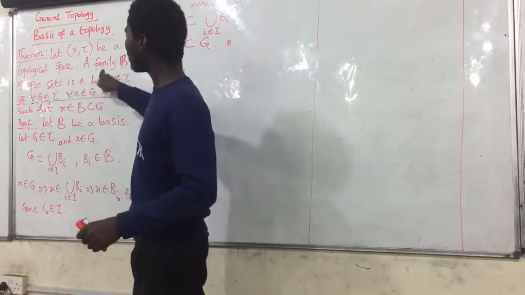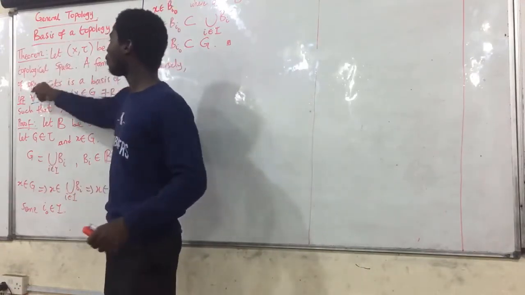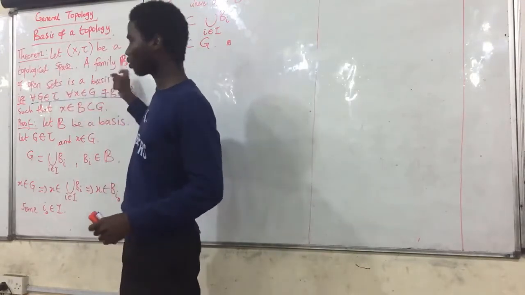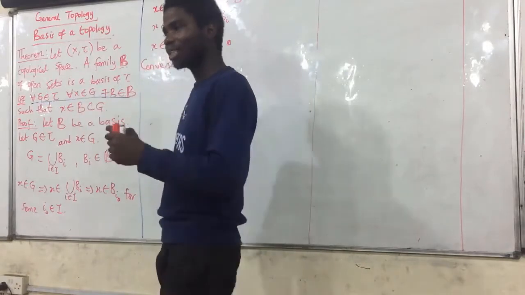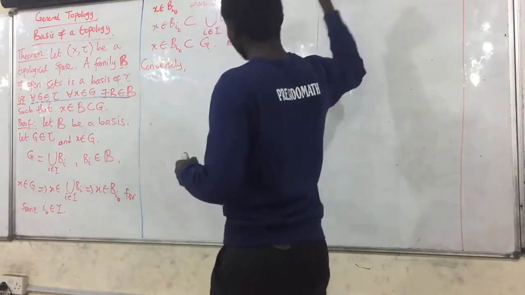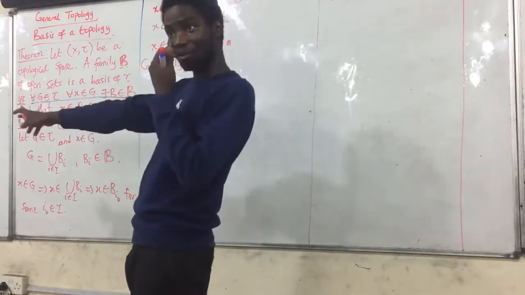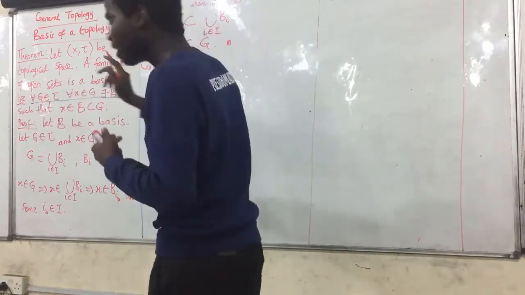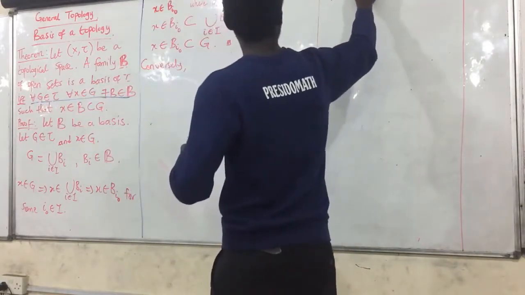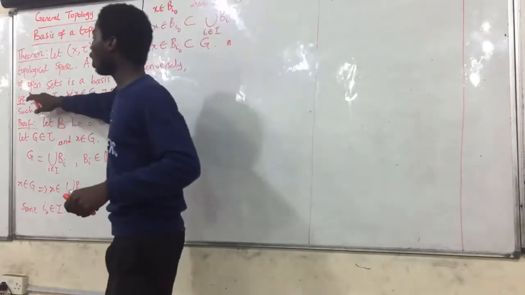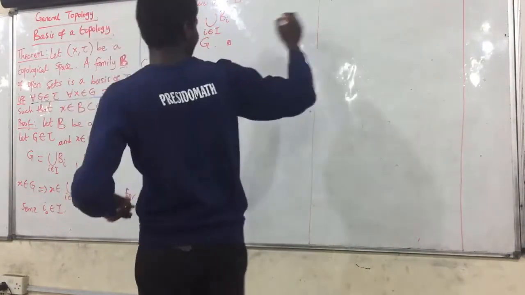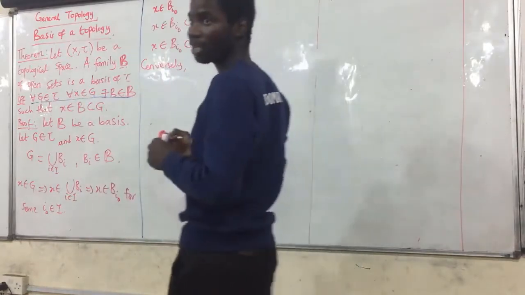A family B of open sets is a basis of the topology: it's like one statement, P. Then I have if and only if, this is how they write it, for all these things. It's like the second one, Q. Do you get that now?